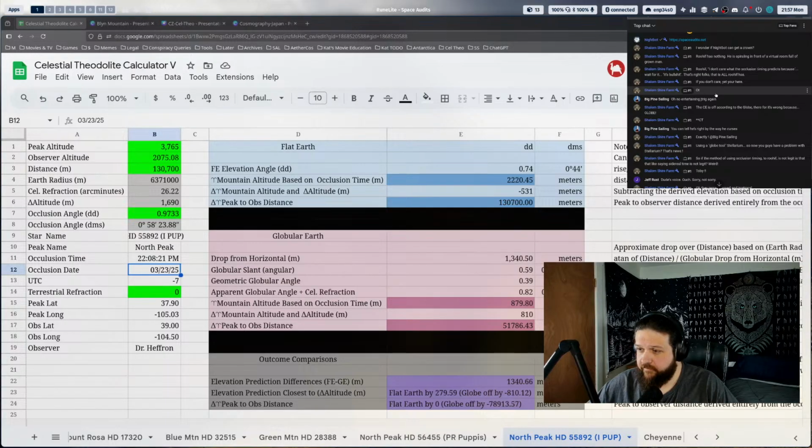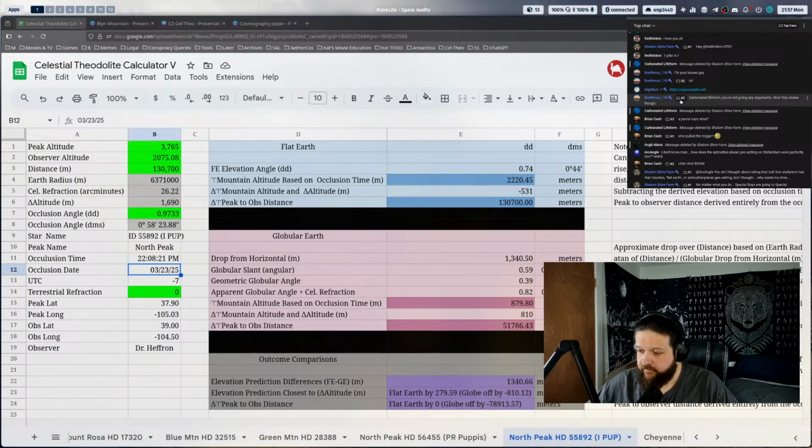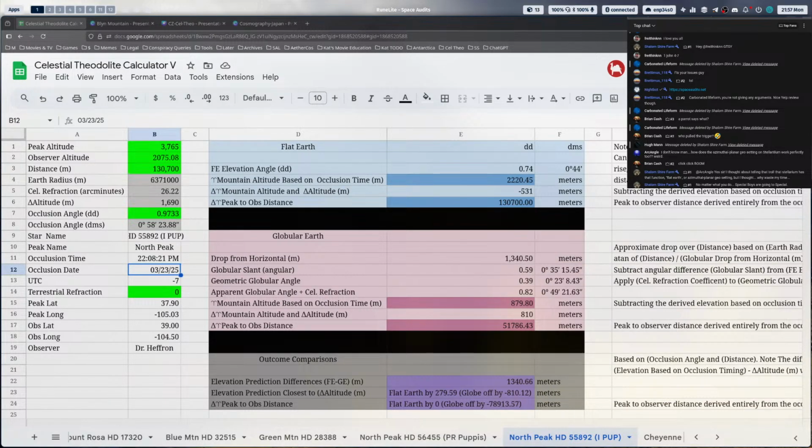Because essentially what you're saying, I believe your contention, is that the moment that the star disappears is the actual position. And so, but you're saying that the mountain in the distance is an apparent position, right? That the silhouette of the mountain, as far as where it is in altitude and azimuth, is not its true position, but the star, when it disappears, that shows the true position, right? Isn't that the whole point of this whole experiment?